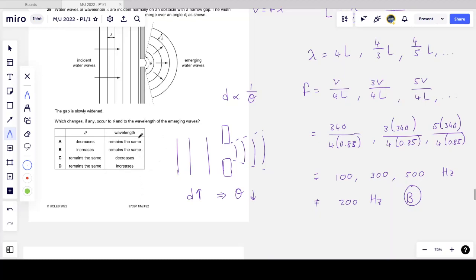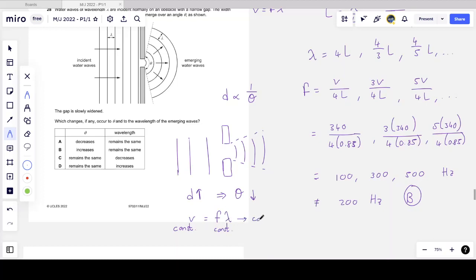Does the wavelength remain the same? Well, is the speed of the wave changing? It isn't. It's still traveling at the same speed. The frequency is remaining constant. So the speed is remaining constant, the frequency is remaining constant, and so too is the wavelength.